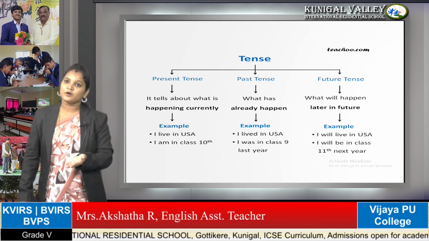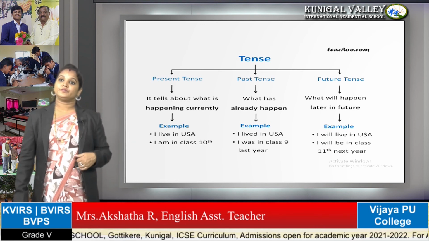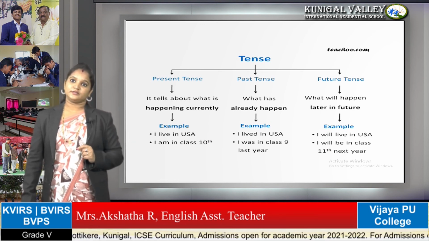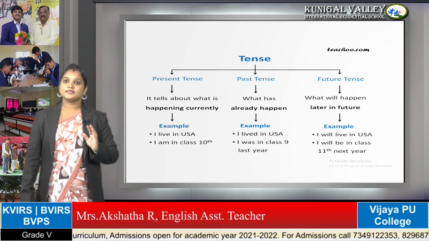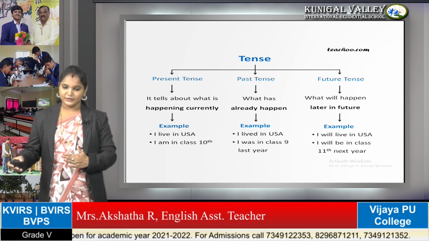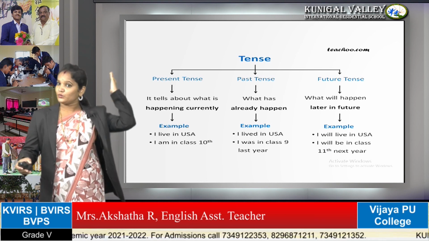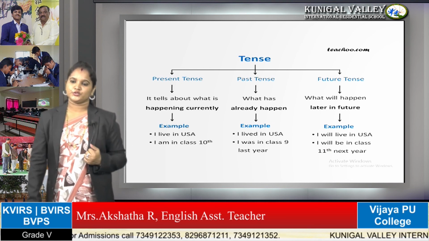And if you talk about future tense, you'll say, I will be in class 11th next year. This is what? Present, past and future. Present, what's happening now. Past, what has happened earlier. And future, what is going to happen in the future.